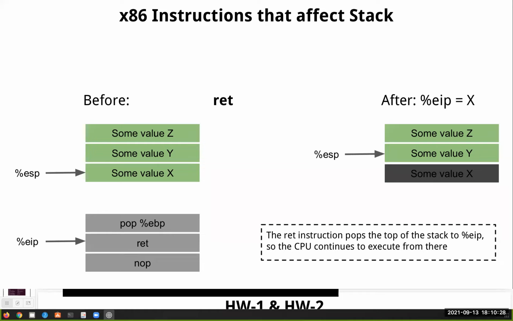So let's say this is a stack right now. We have Z, Y, X. ESP points here, and this is the code. We already popped something, then we have a return. Now we execute this return instruction. What happens is the value X will get into EIP.